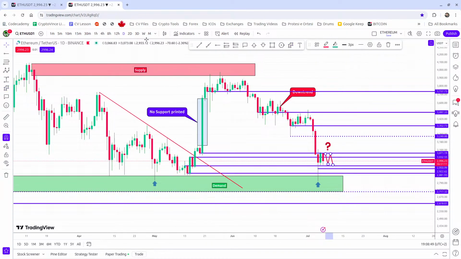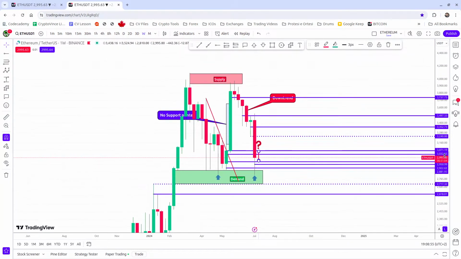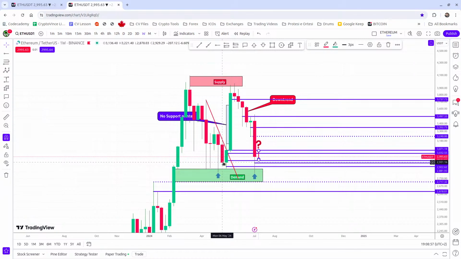Let's go check the weekly on Ethereum. Let's see what the levels are. Well, we're way above the candle close here. There is some resistance at this point where all candles closed up, try to close above this swing low candle close, but that's way too high, I think.